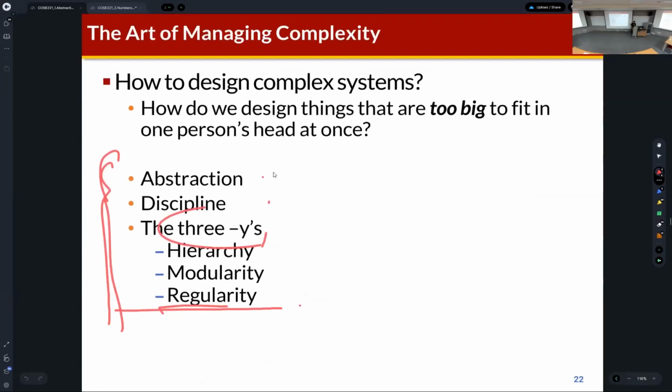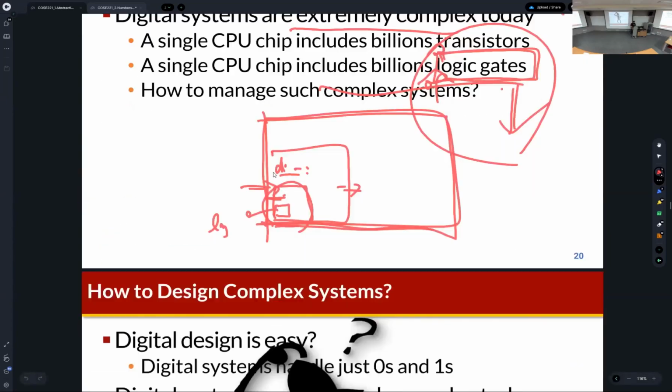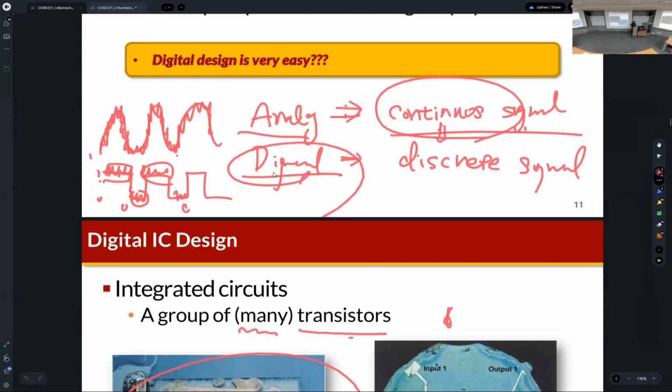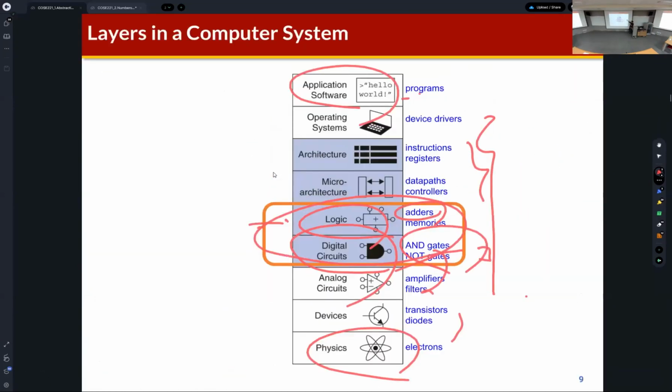So how can we manage these complex systems? Actually, the CPU is made by humans, not aliens. So we need to manage this complex system. Firstly, I also explained that our computer systems include many layers.